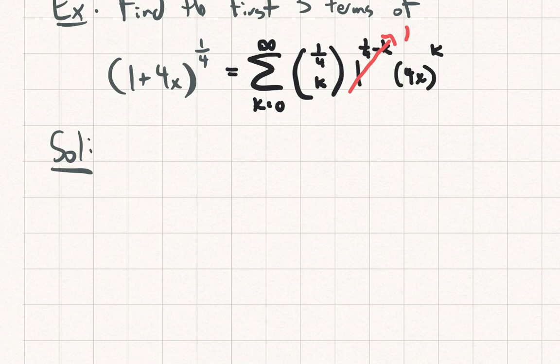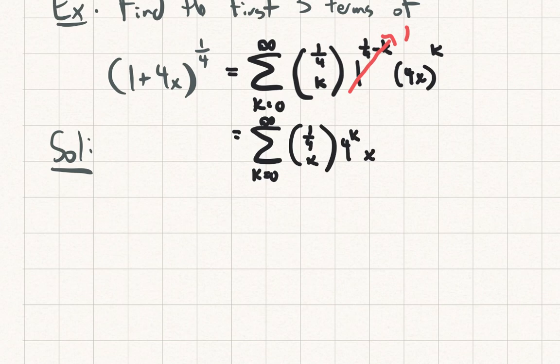And maybe it'll be helpful to expand this (4x) all to the k out as 4 to the k x to the k. So I'll rewrite this as the sum from k equals 0 to infinity of 1/4 choose k times 4 to the k x to the k. Great. Okay, so we want the first 5 terms. So let's just write them down.